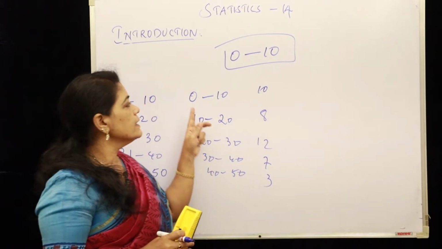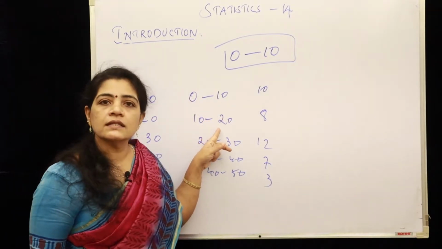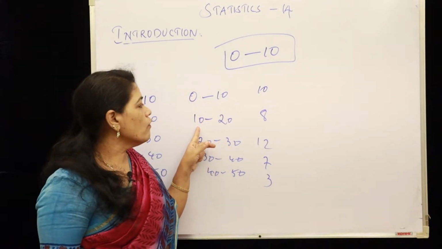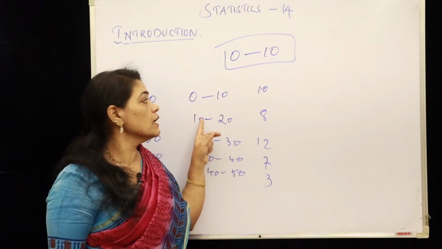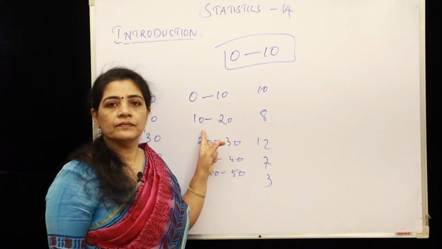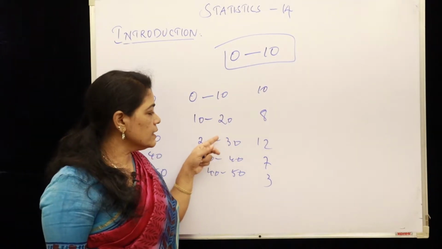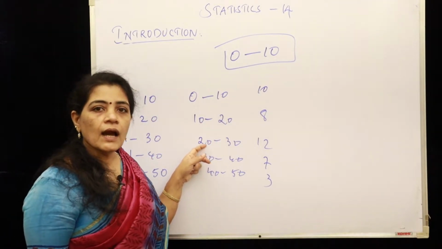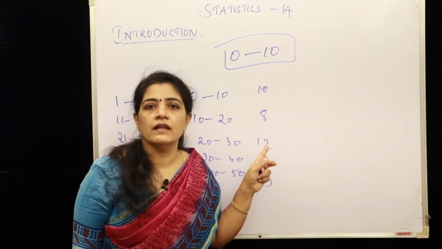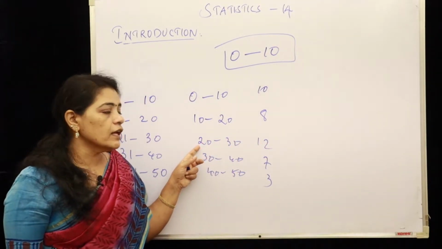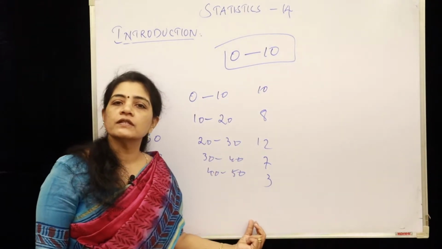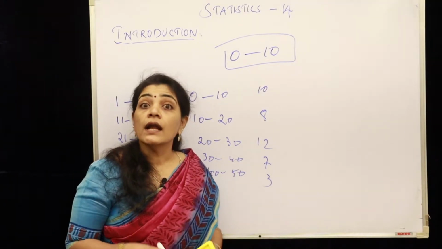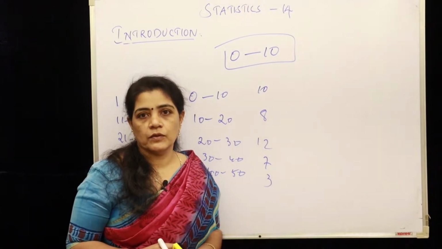In the second class interval, the lower limit and the upper limit of the first class interval are the same. And in the third class interval, the lower limit and the upper limit of the second class interval are the same. So this type of frequency distribution is what we call a continuous frequency distribution.